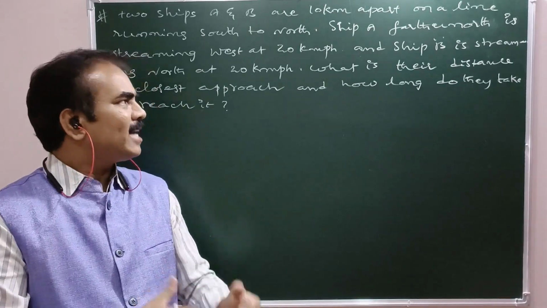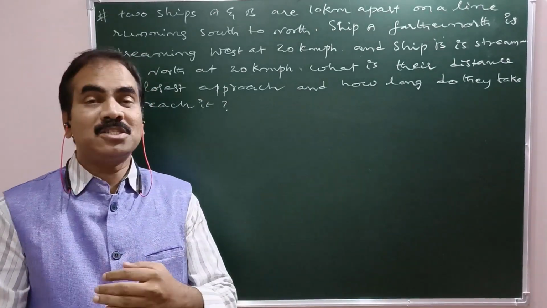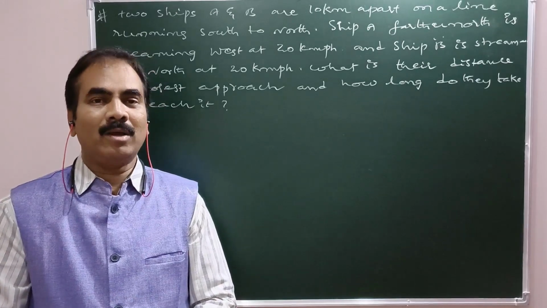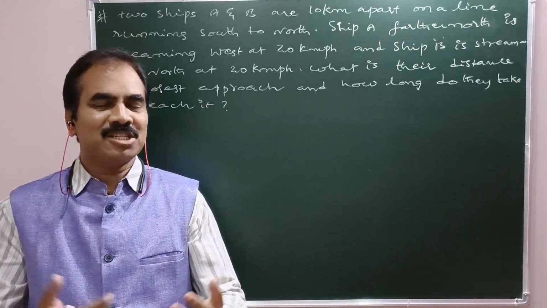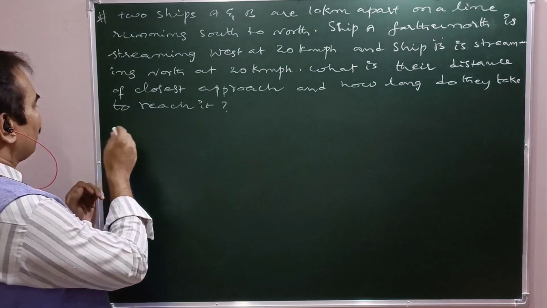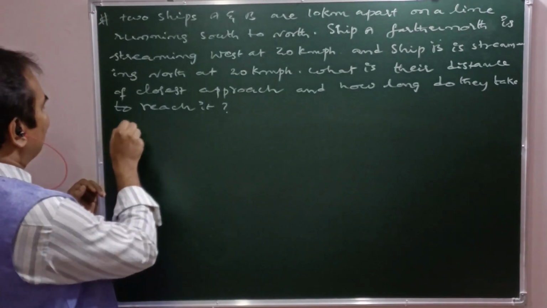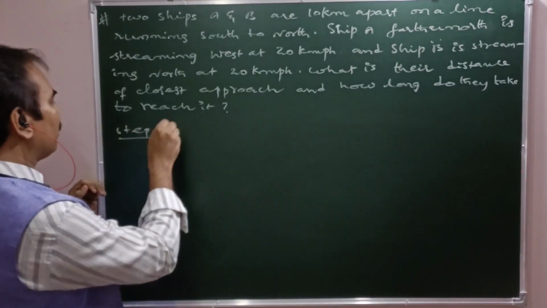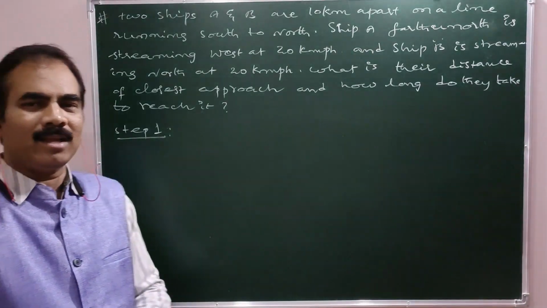Now here we need to find the closest distance between two ships. So in case of closest distance of approach, two steps are involved. What are the steps? Step 1: one of the two bodies is assumed to be stationary.